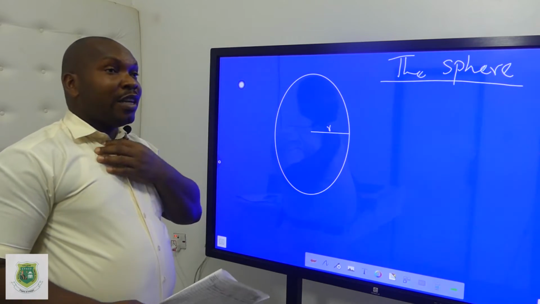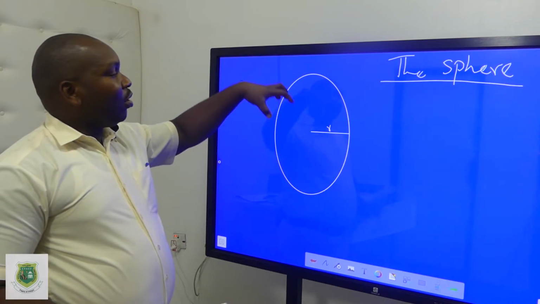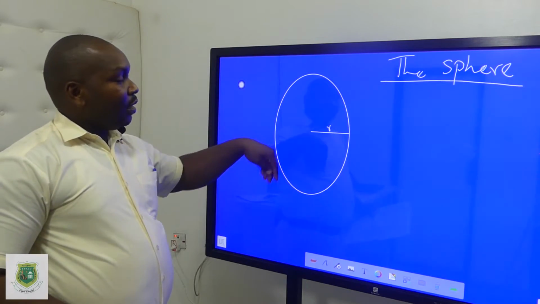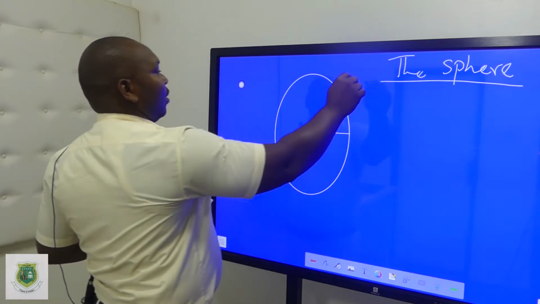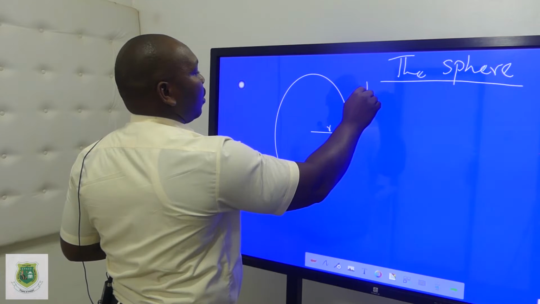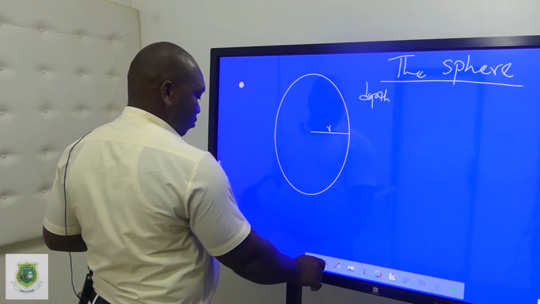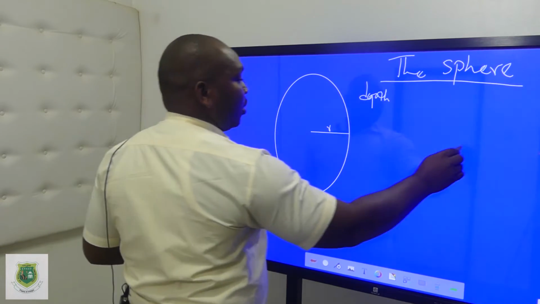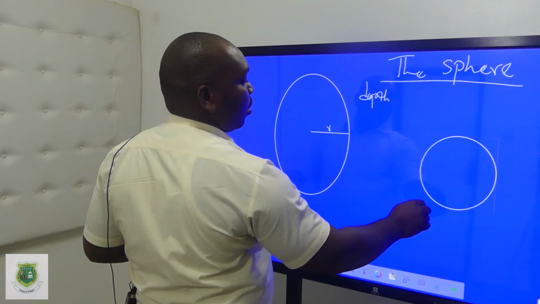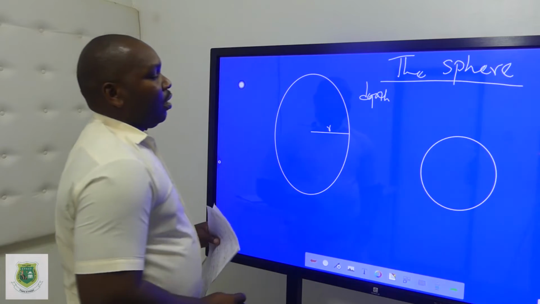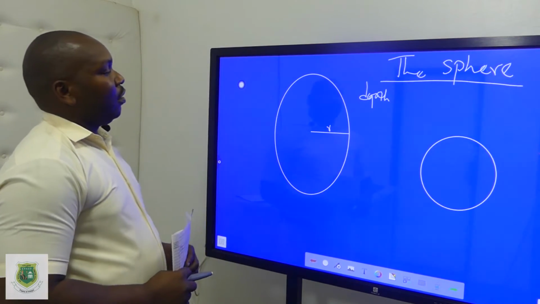If we want to demonstrate that, we say that a sphere has depth, while the circle has no depth. Let me draw the circle for you. So this is the circle, while this is the sphere.